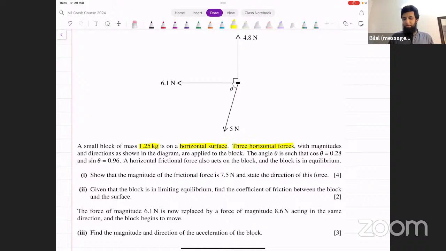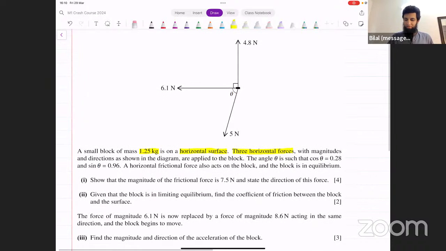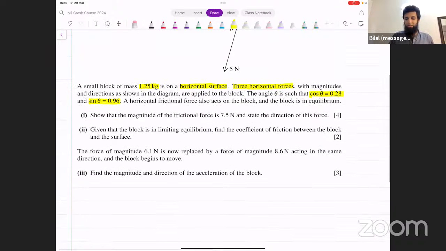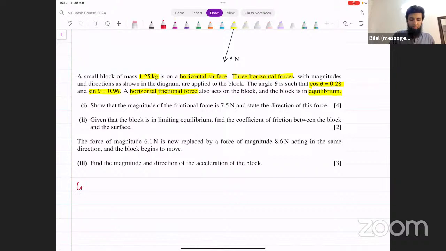They are applied to the block, and the angle theta is such that cos theta equals 0.28 and sine theta equals 0.96. A horizontal frictional force also acts on the block, and the block is in equilibrium. We need to show that the magnitude of the frictional force is 7.5 Newton and state the direction of this force.